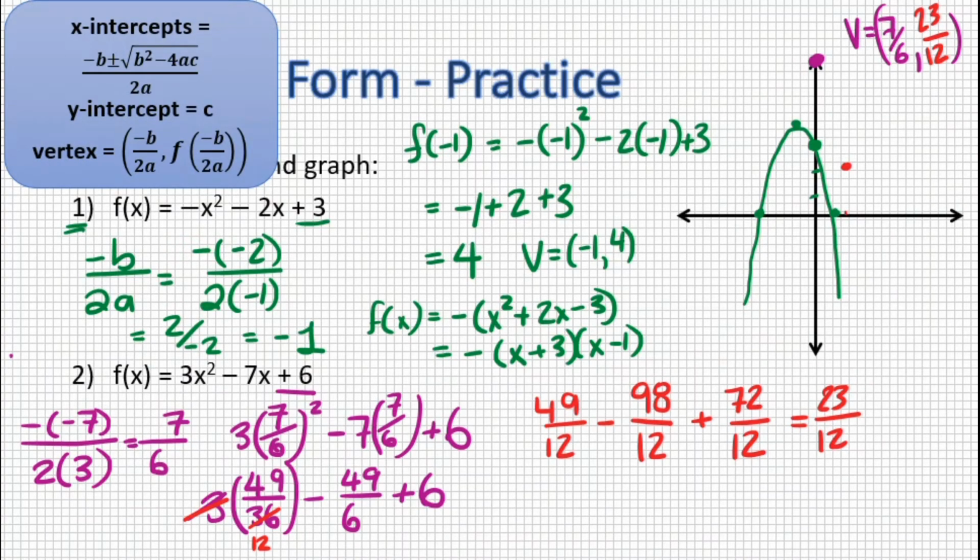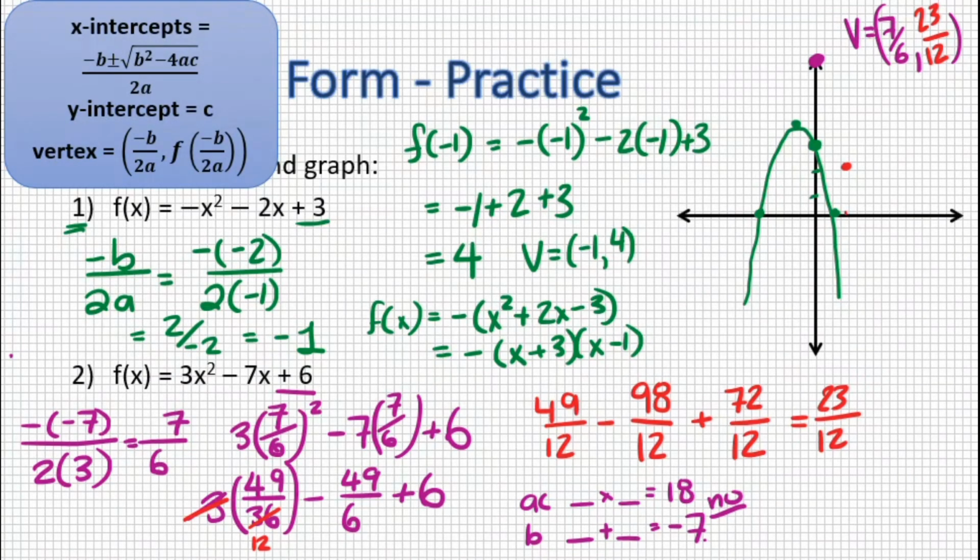And to get my x-intercepts, I'm just going to factor it. So going back to the AC and the B line, I need to multiply to positive 18 and add to negative 7. Is there anything that's going to do that? Nope.